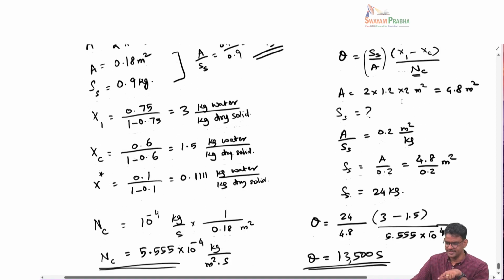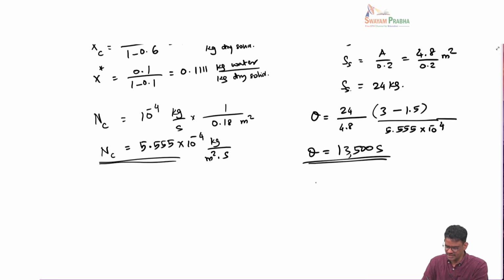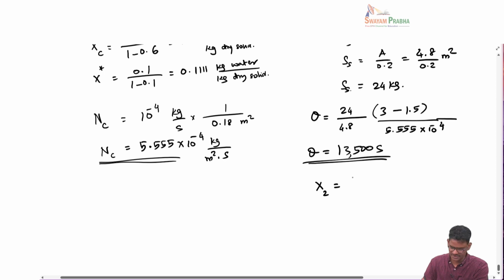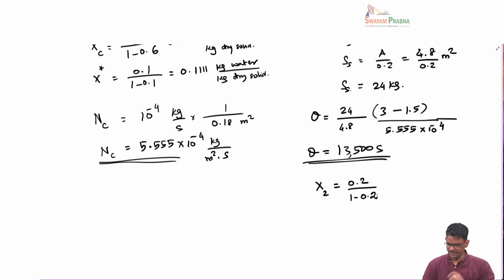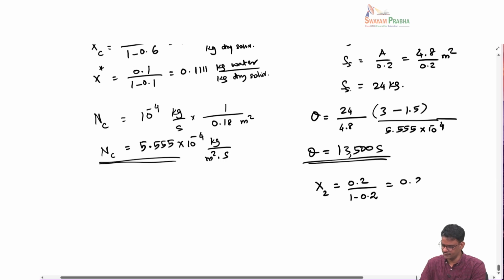Now for the original sample, the actual final moisture content that we want, X2, is 20%. So this is going to be 0.25.